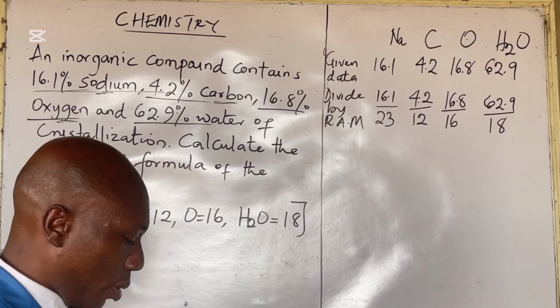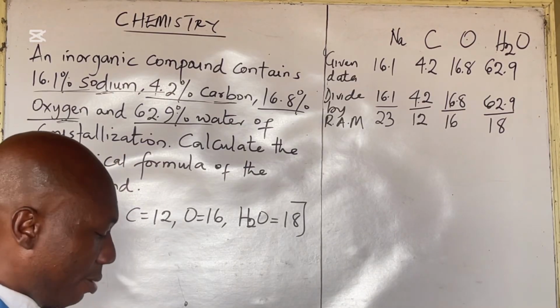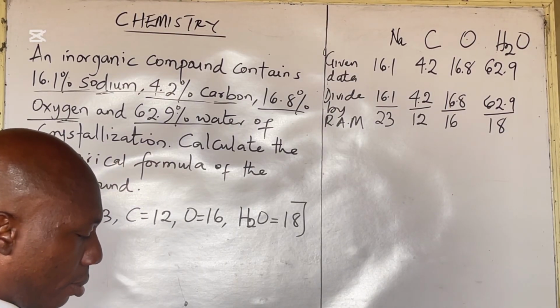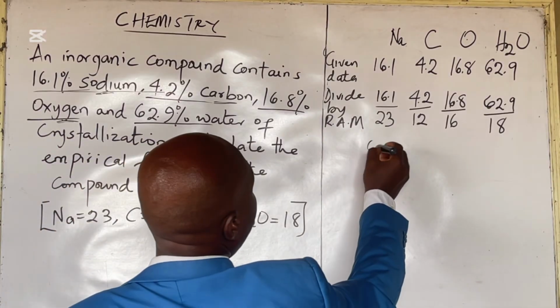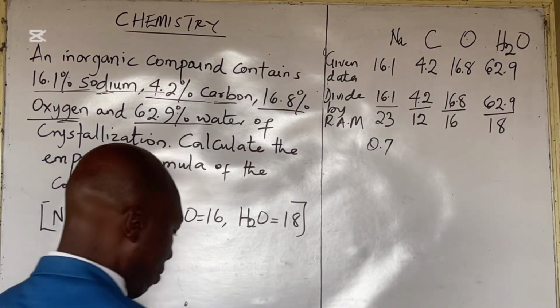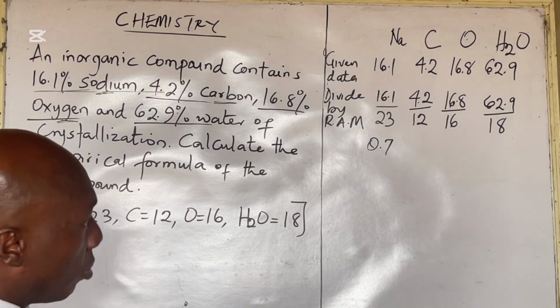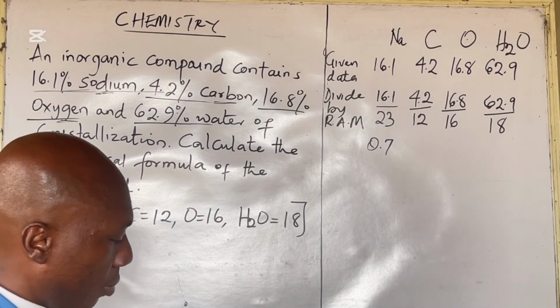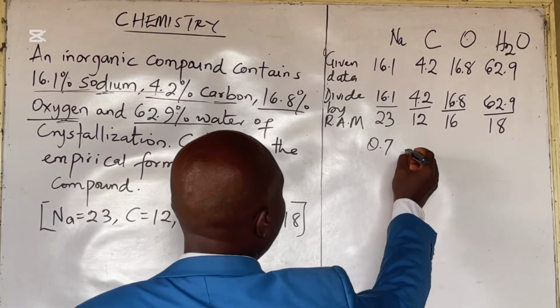So let's see the result we have. 16.1 divided by 23, that's 0.7. 4.2 divided by 12, we have 0.35.